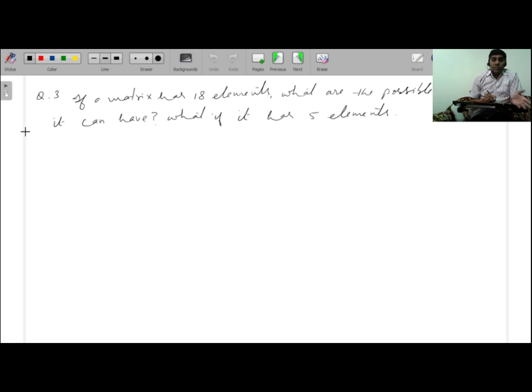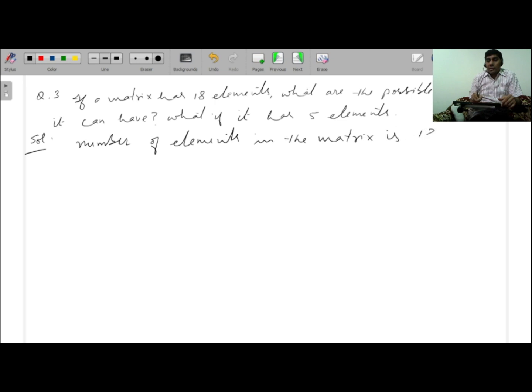Similarly, according to the last questions, the number of elements in the matrix is 18.